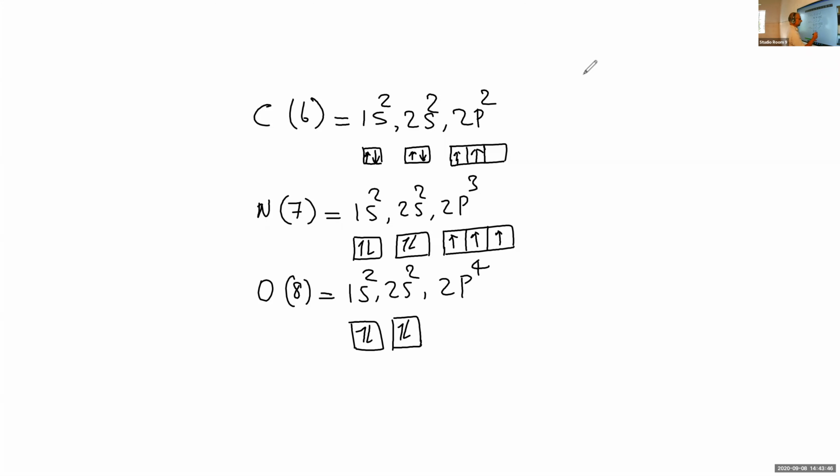Now you come to the 2p level. 2p level, there are 3 orbitals. 3 orbitals and 4 electrons. And how are these 4 electrons distributed? You give 1 electron each first, 1, 1, 1, in the same direction.